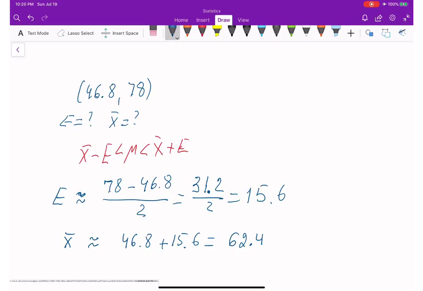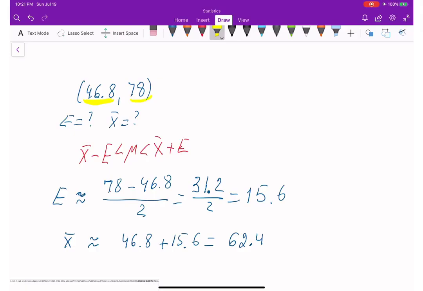So one more time, you can find approximately sample mean by either adding this margin of error to the lowest level, meaning left limit, or subtract margin of error from the highest one.